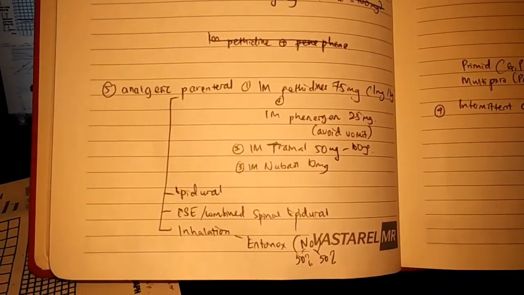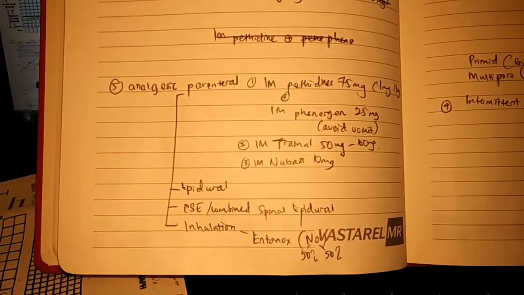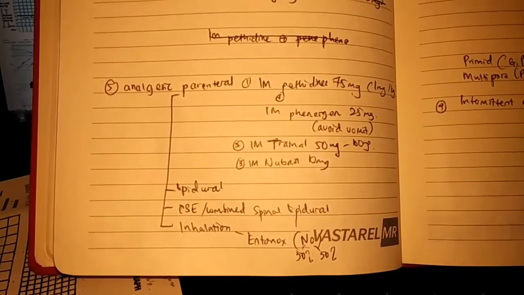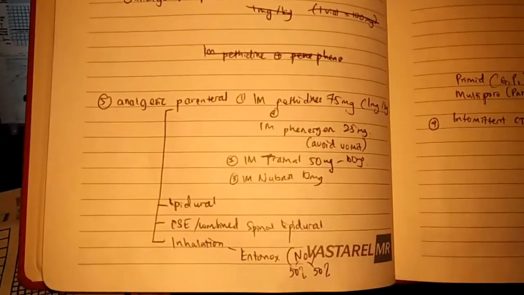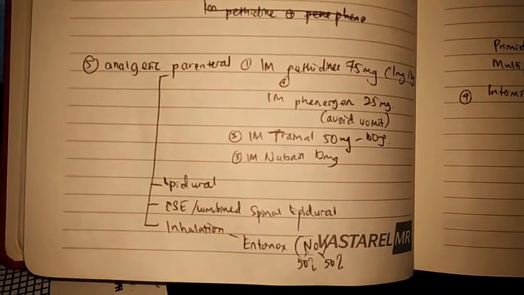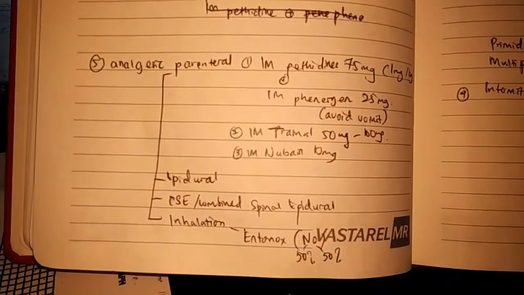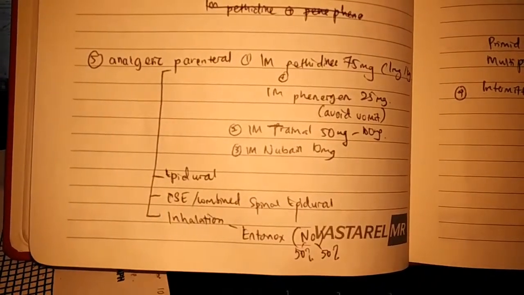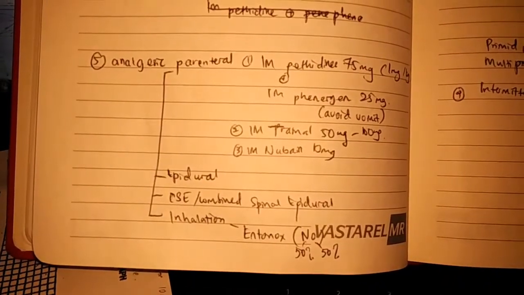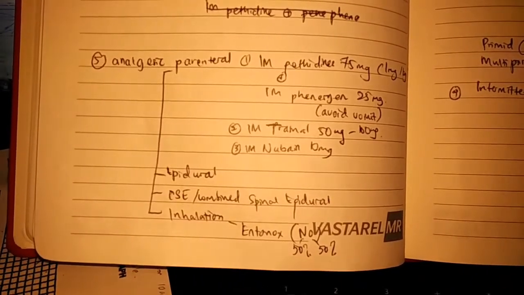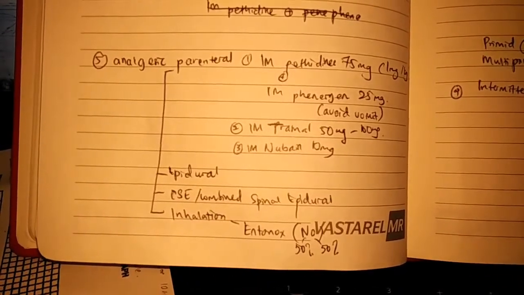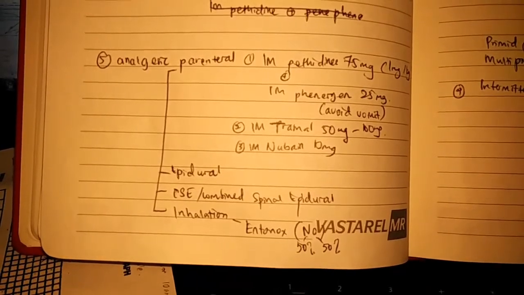Analgesic, there are 4 types: parenteral, epidural, combined spinal epidural, and inhalation. For parenteral, there are 3 types usually given. Pethidine 75 mg or 1 mg per kg plus Phenergan 25 mg.